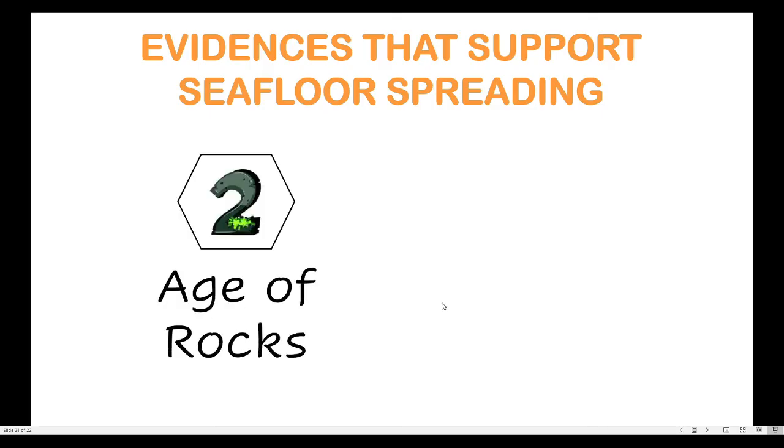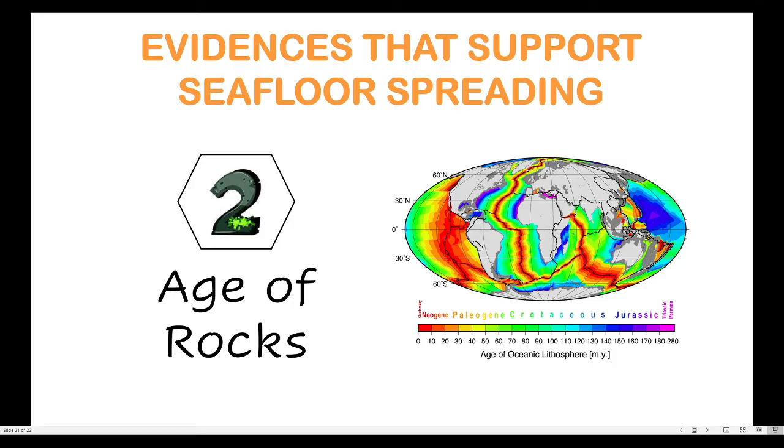Next, we have the age of rocks. We have already discussed this last time, and as we all know, as a piece of lithosphere goes farther from the mid-oceanic ridge, it becomes older.